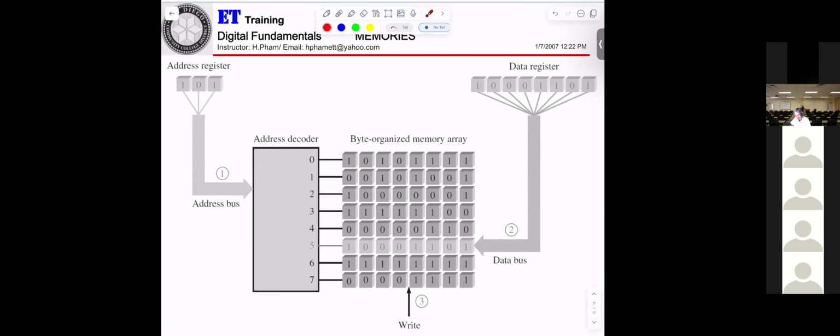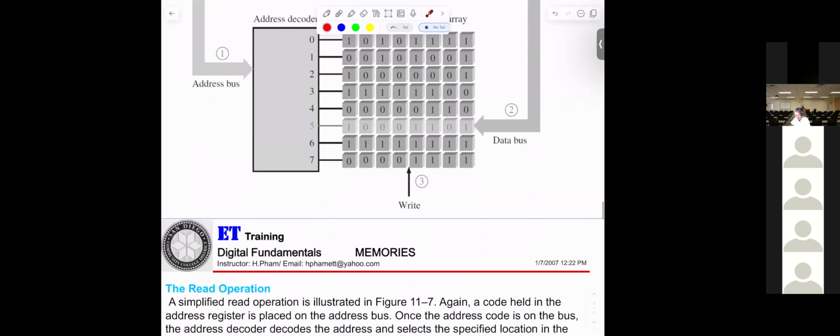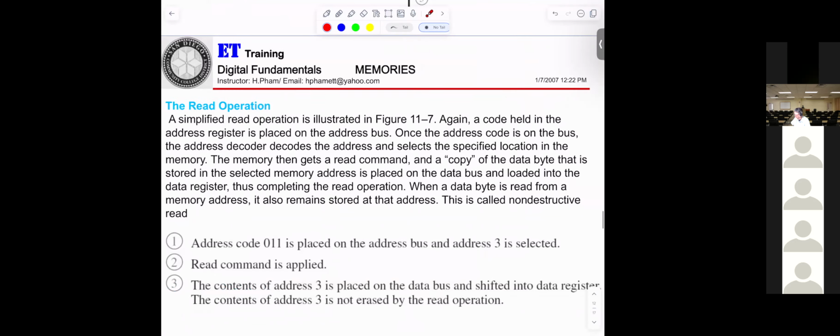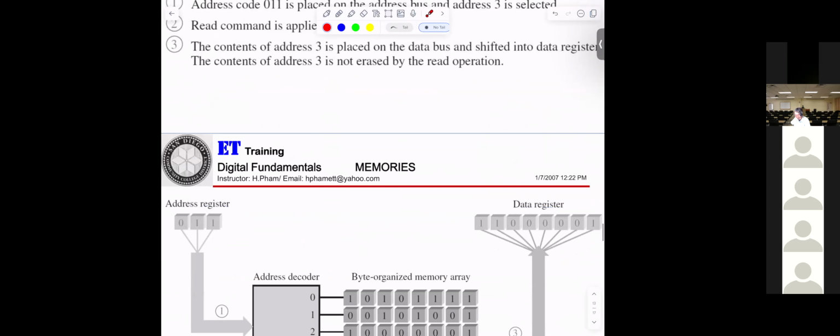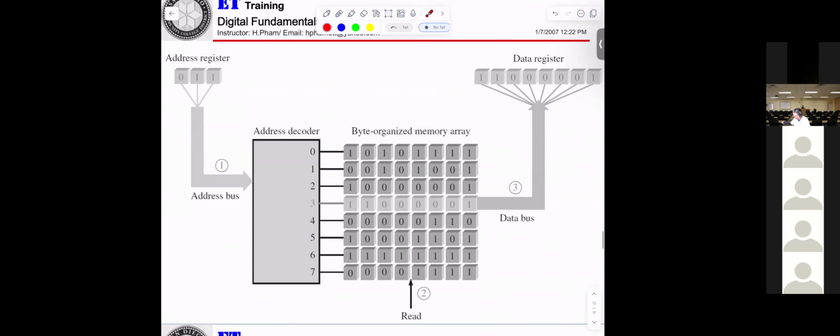This is the process, you see that? This is the memory. If you want any data from any location, you have to let them know which address. And this is the data, and you write. The data will be written to that location. For the read operation, same thing.